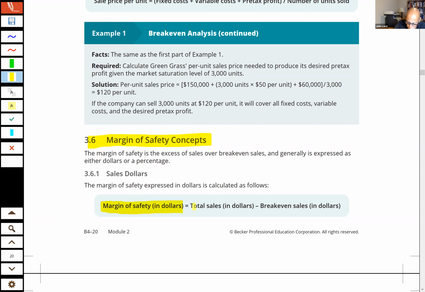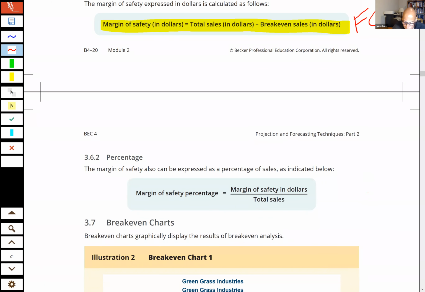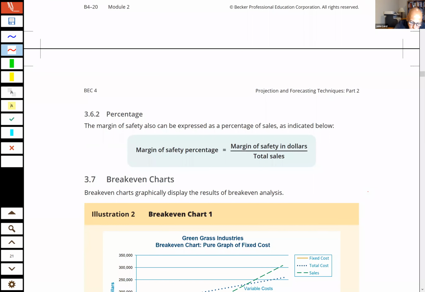So you can just go ahead and flashcard that. Total sales minus my break even sales, that difference would be called a margin of safety. That's how far we are over our break even point. If you want the margin of safety percentage, margin of safety in dollars divided by total sales will give you that as a percentage.